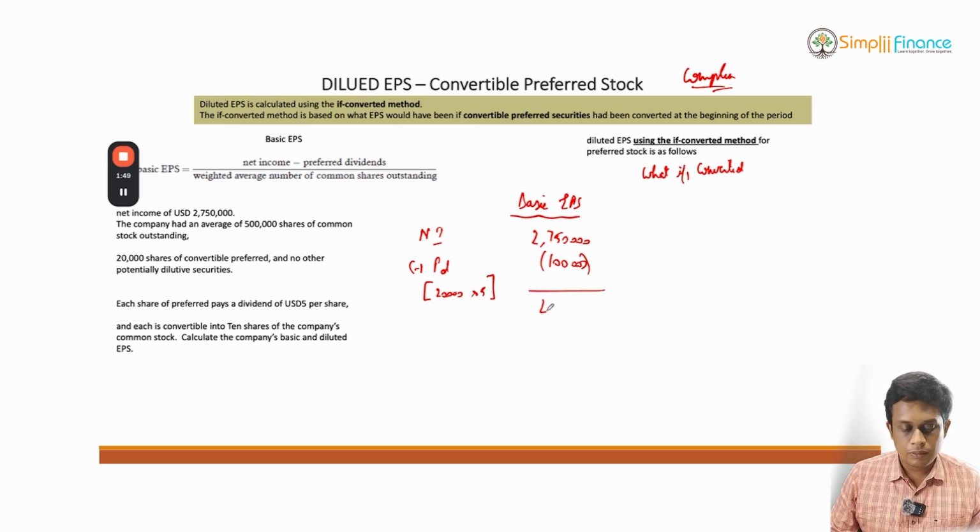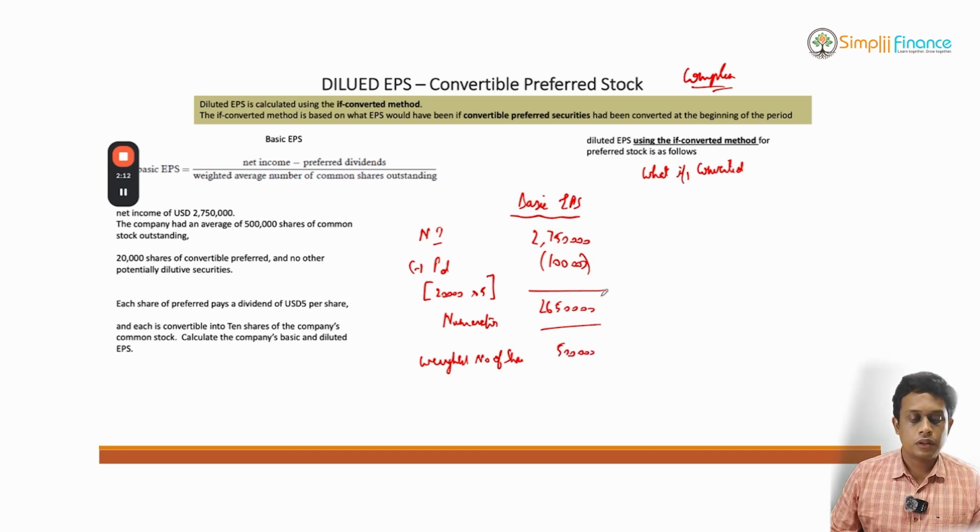So the numerator will become 2.65 million. And the denominator, the weighted average number of shares, is already given here, and that is 500,000.